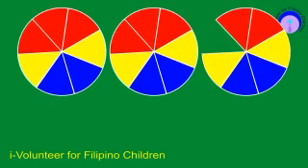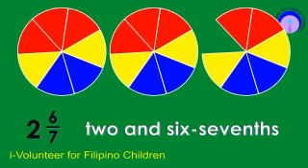The figure tells us that it is divided into how many parts? It's 7. Now, it is being read as 2 6/7. 2 6/7 is written like this.